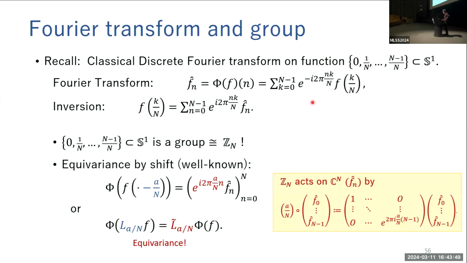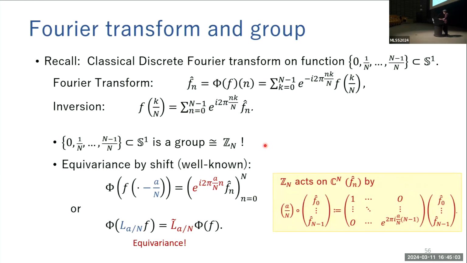The Fourier transform simply takes the inner product between this type of function and the function value at e^{2πi nk/N}. This is a very standard definition of the Fourier transform. And the Fourier inversion is also possible. In this case, this part is not the conjugate, but the function itself. And it is well known that this inversion gives back the original signal values. Maybe I forgot some normalization factor here.